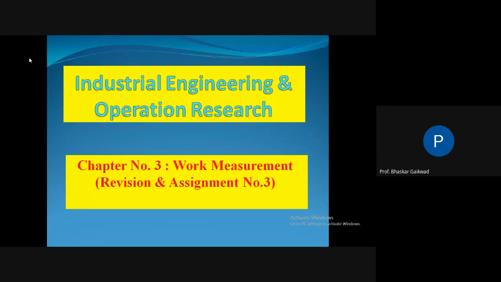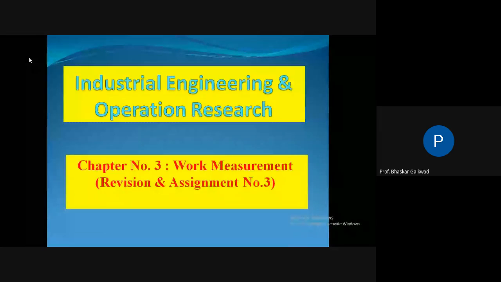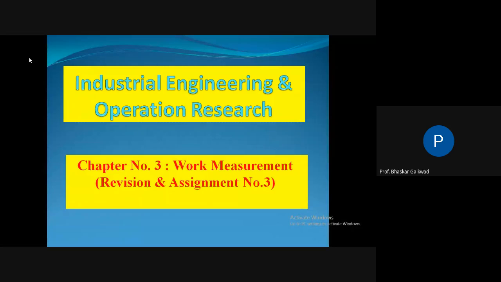Okay. And after this, in work sampling, we can use a specific formula for calculating the number of observations. The last one is the predetermined motion time system. It is related to the micro motions of humans while doing any work, and accordingly we can decide the time for each activity, and when the same activity repeats, we apply the same time.